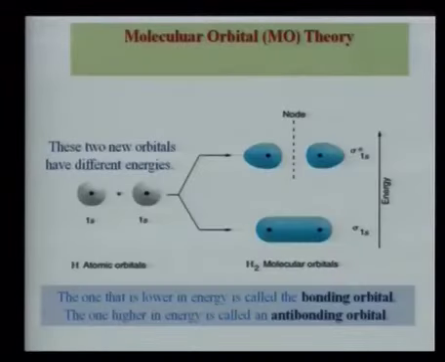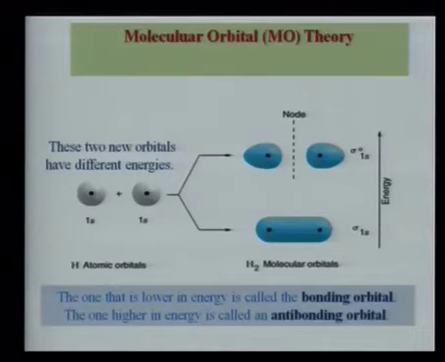The number of molecular orbitals will be the same as the number of atomic orbitals overlapping each other. As I just told you, there are bonding and anti-bonding molecular orbitals. The third category is non-bonding molecular orbitals. I will discuss this later on.